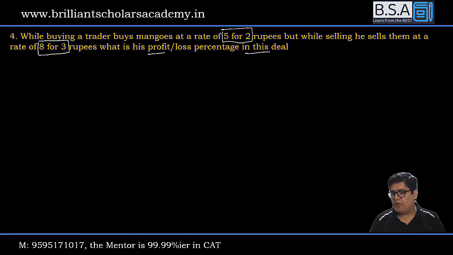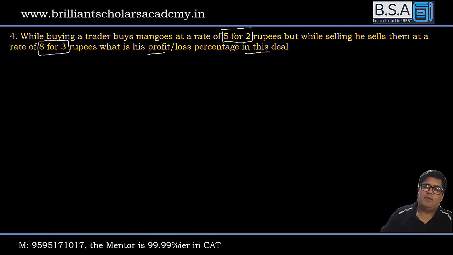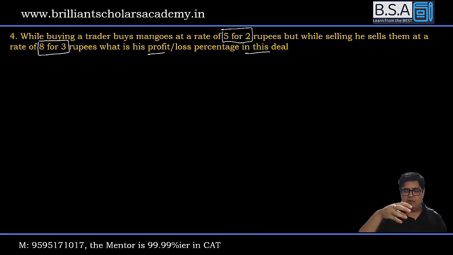This kind of question is created by combining lots. When they are being purchased, they are in lots, a bunch of 5. When they are being sold, they are in a bunch of 8.